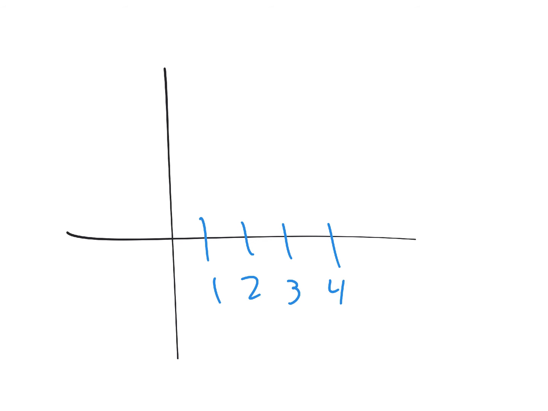Okay, so what if I give you a picture like this? 1, 2, 3, 4, and then the graph goes like this. And this is 1, 2, 3. What's f of 4?